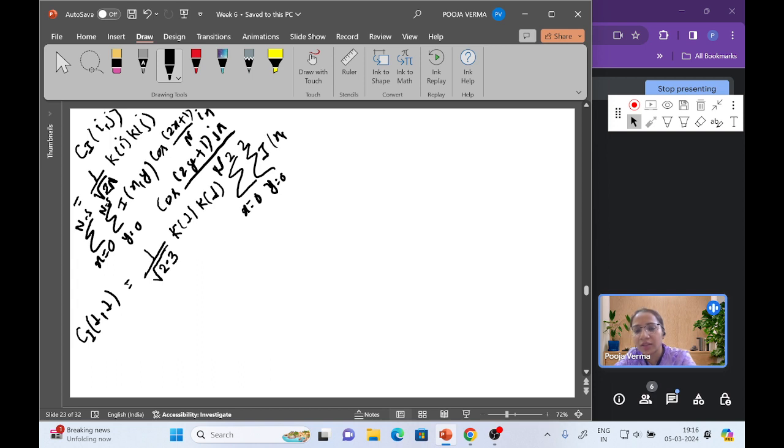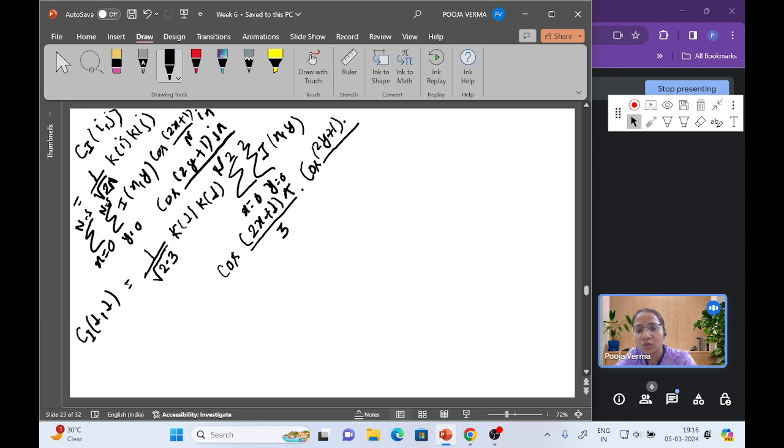I x comma y. Now we will put the values of i and j in this cos function. So after that I am writing here, okay? Cos of 2x plus 1, i is equal to 1, so pi only is left, because multiplication by 1 will be the pi only, 1 into pi, and n is 3, so divided by 3. Then cos of 2y plus 1.